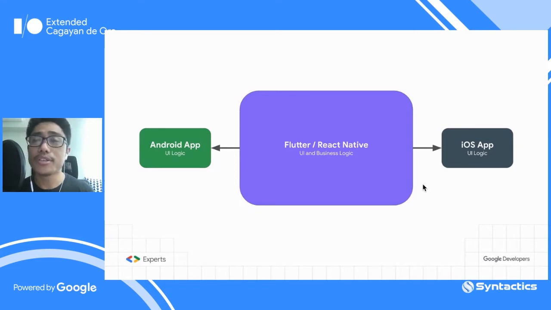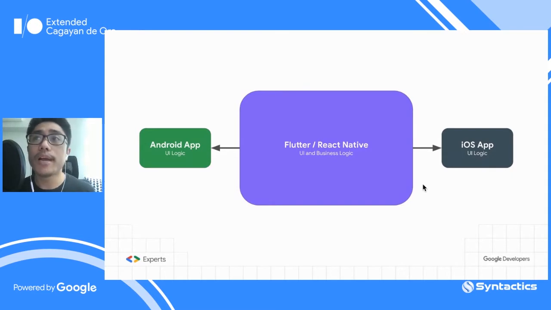You have your big chunk of code, with your UI and business logic. Your views are going to be coded in React Native, sorry, Flutter, and these are going to get transpiled into your Android and iOS apps. You just have to manage one code base, and that's it. Maybe you have to write a bit of platform code, but mostly you're going to be working in their platform, Flutter or React Native. Now you have your Android and iOS app, just build it to the platform you like.